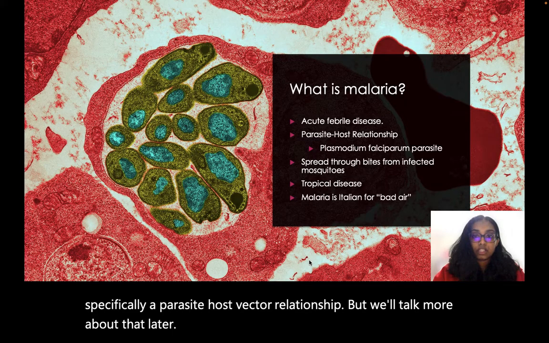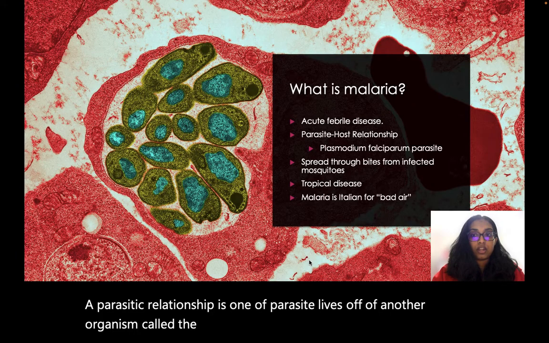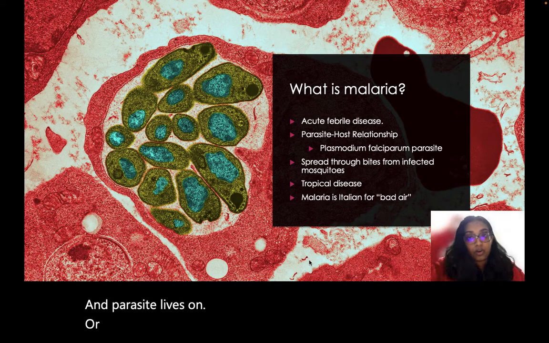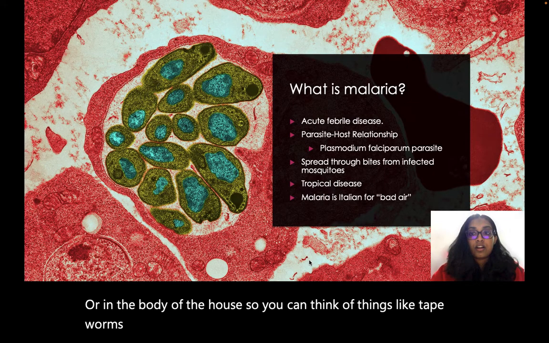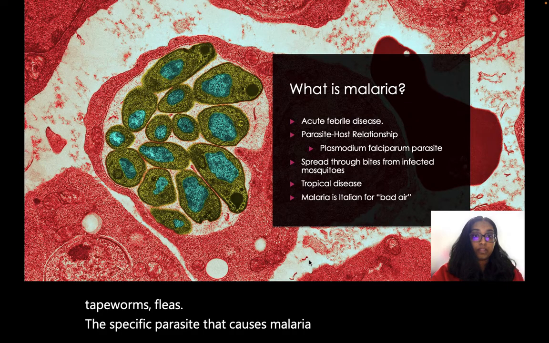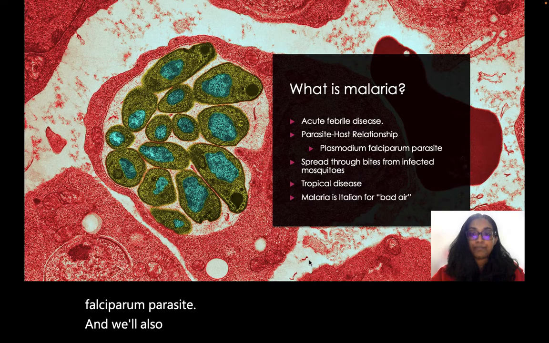A parasitic relationship is when a parasite lives off of another organism called the host, potentially harming it and possibly causing death. A parasite lives on or in the body of the host, so you can think of things like tapeworms, fleas. The specific parasite that causes malaria is called the Plasmodium falciparum parasite, and we'll also talk about that one later.